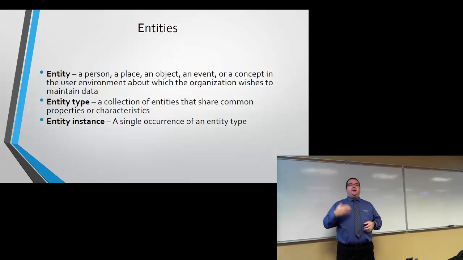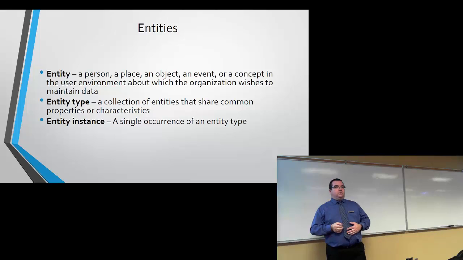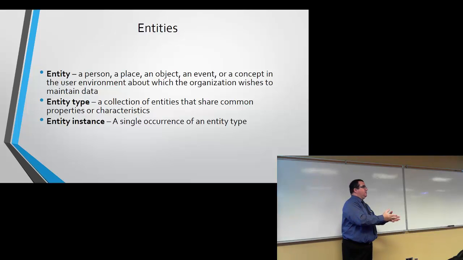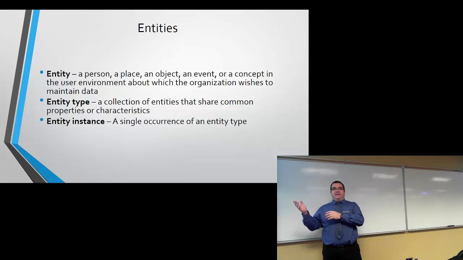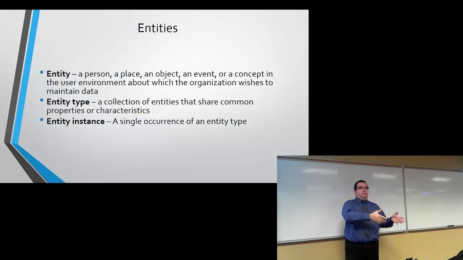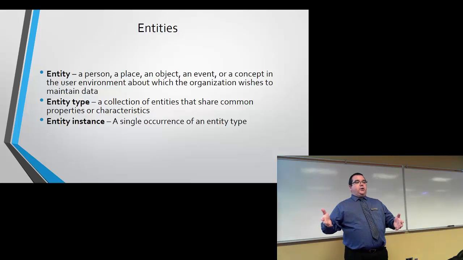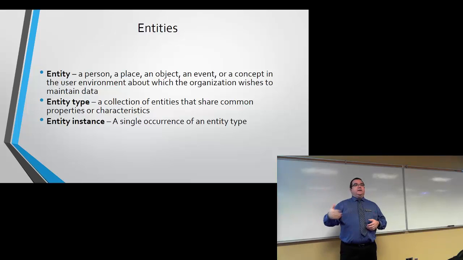For example, a concept that some profs maintain is attendance. Right? Attendance is a concept. Grades are a concept. I maintain grades based on real-world data. Those are concepts that are logged. Whereas I keep grades about a person, which is a student.